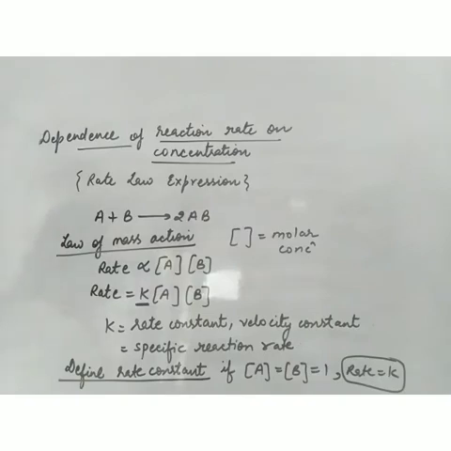And whenever, for defining anything, we use 1, 1, 1, the word specific comes, just like specific heat capacity. So we use this word specific because in order to define this constant, we have kept other things equal to 1.